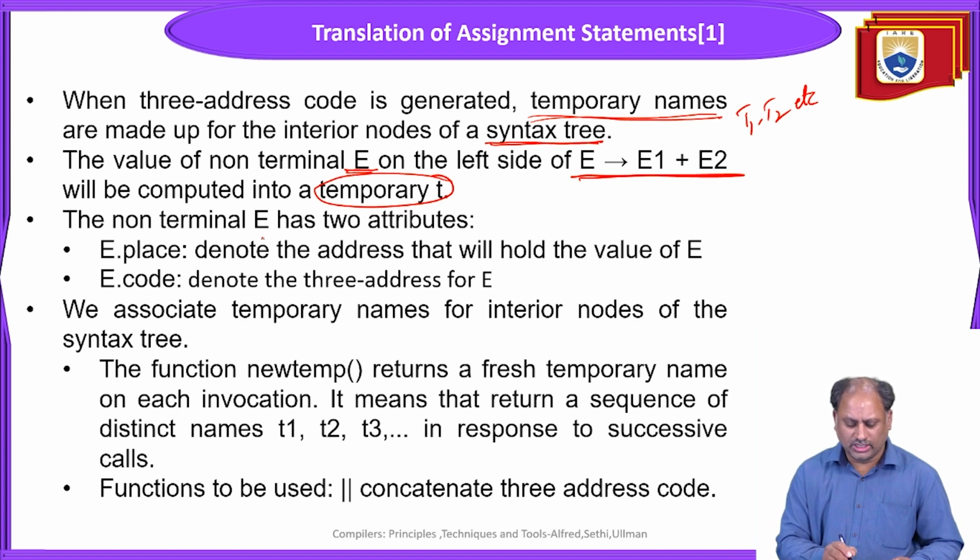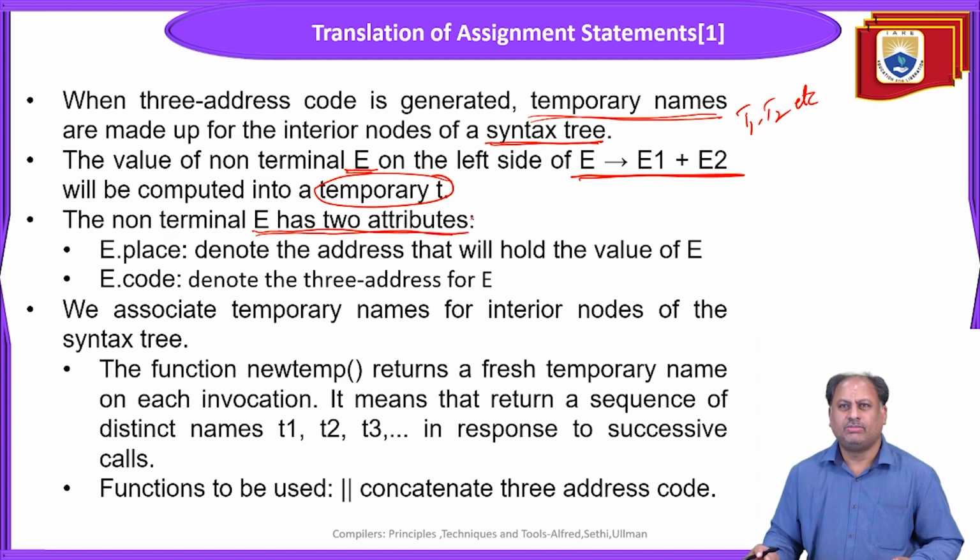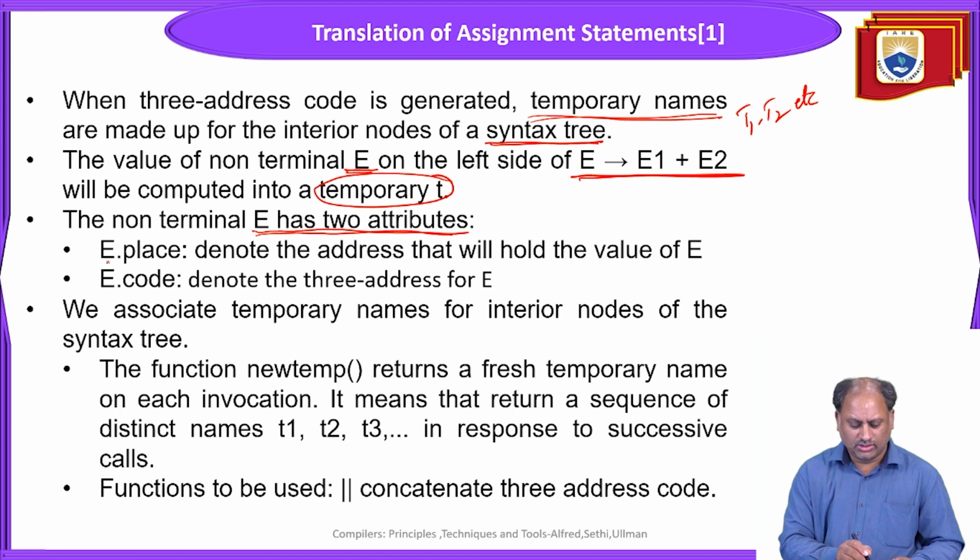Now let us see, E is denoted with 2 attributes. For each non-terminal, 2 attributes are defined in the syntax directed translation of 3 address code. One is E dot place and the second one is E dot code.